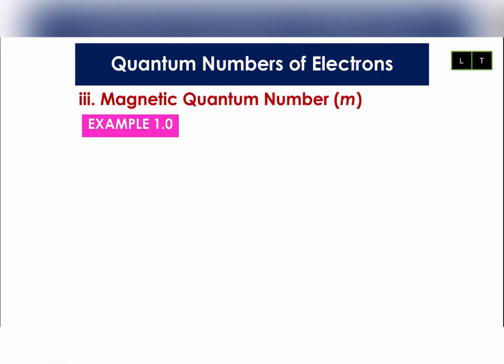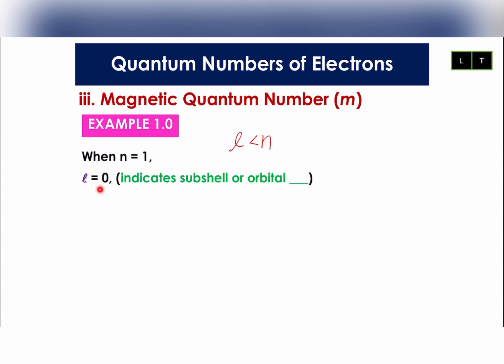Let's try one example when n equals to 1. So we know that n is the principal quantum number. So I'm going to determine L equals to 0 because L must be less than n. And then when L equals to 0, this indicates the subshell of orbital S. And the next part, I'm going to continue with magnetic quantum number, where my magnetic quantum number equals to 0 as well because L is 0.